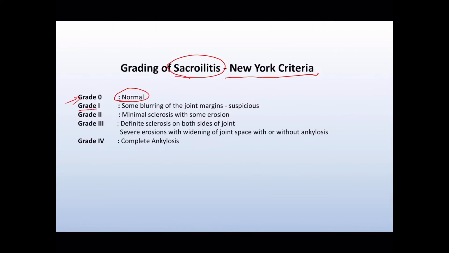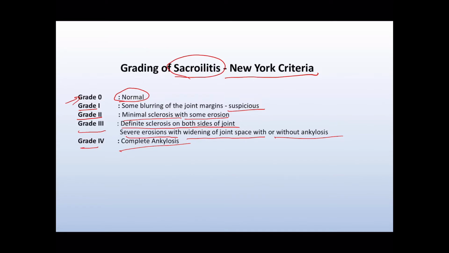Grade 1 means there is some blurring of the joint margins, that is suspicious for sacroiliitis. Grade 2 means there is minimal sclerosis with some erosion. Grade 3 means definite sclerosis on both sides of the joint, as well as severe erosion with widening of joint space with or without ankylosis. And grade 4 means complete ankylosis.